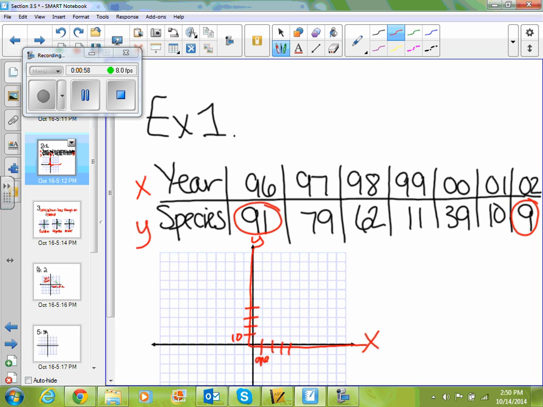Make sense? Okay. So then I know at 1996, I need to go up to approximately 91, so a little bit above my 9. Right, in between 90 and 100. At 1997, I'm at 79, so over 2 and up almost to 8. At 1998, I'm at 62, so a little past 6.